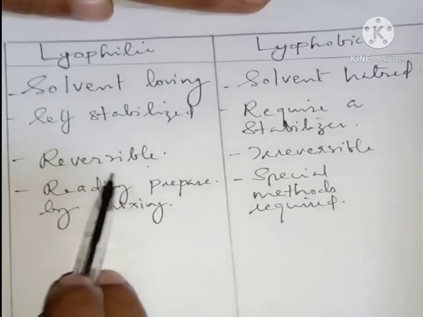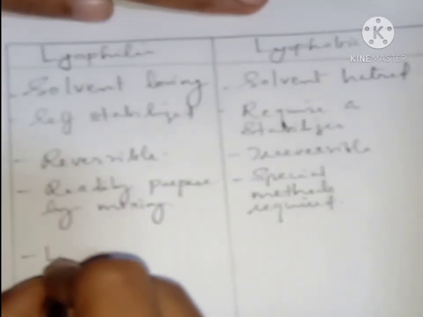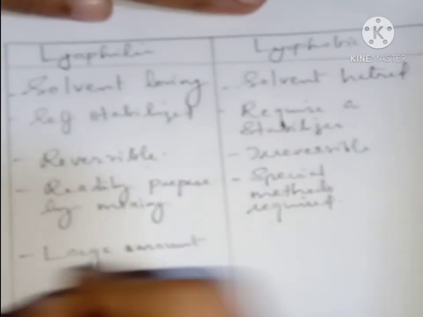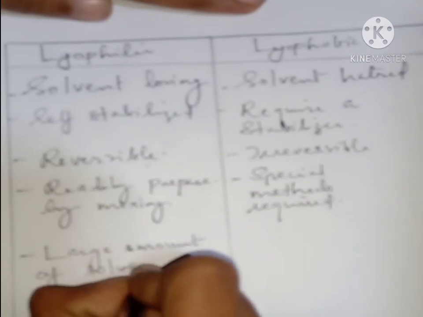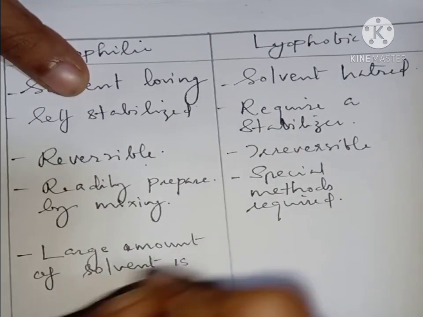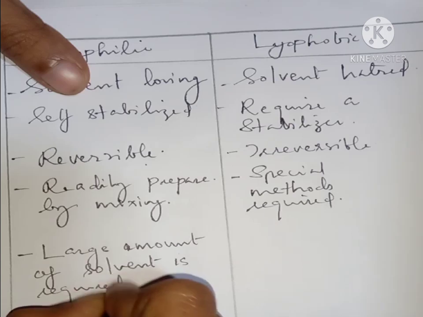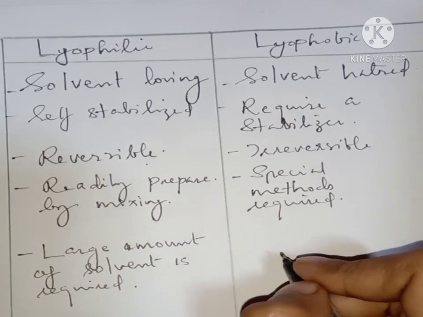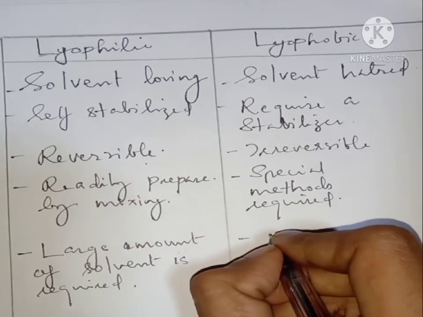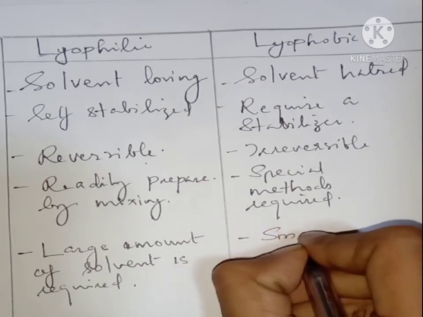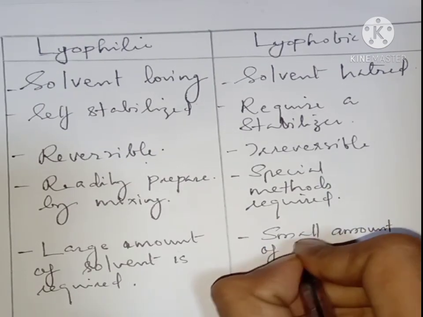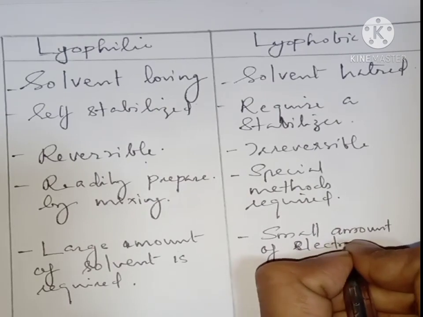For preparing lyophilic colloids, we need a large amount of solvent. While for the preparation of lyophobic colloids, we need only a small amount of solvent or small amount of electrolyte.